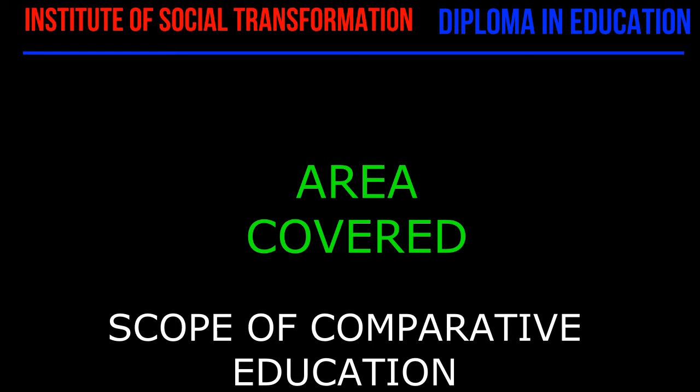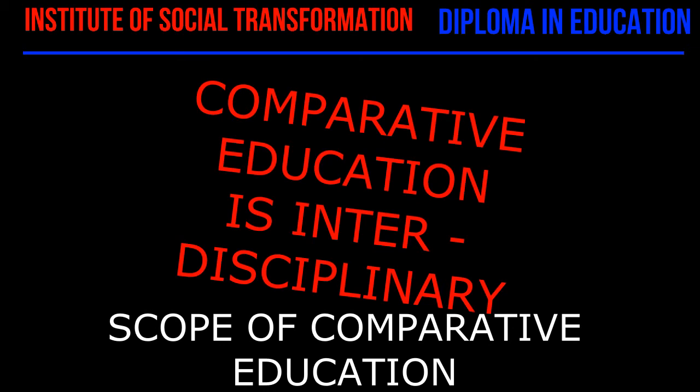The scope of the subject also connotes the various subjects or disciplines from where comparative education draws its information directly or indirectly. A critical look at the various definitions of the discipline no doubt reveals that comparative education is an interdisciplinary subject, since it relies on other subjects to be able to accomplish its objectives.